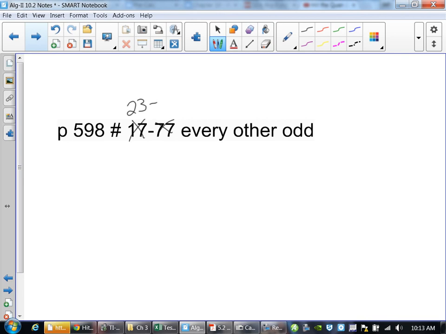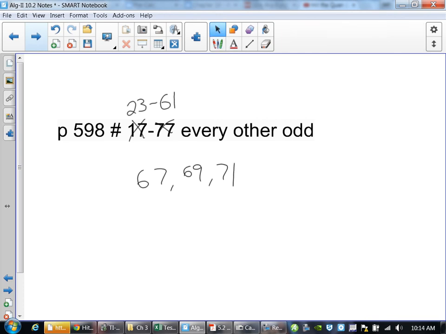So let's go 23 to 61, every other odd, and then 67, 69, and 71. What do you mean every other odd? Do you mean like 23, 27, 31, 35?